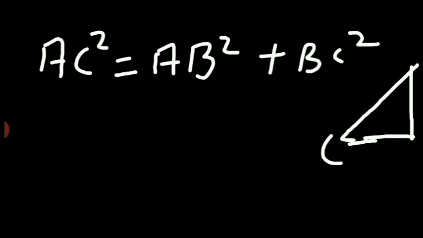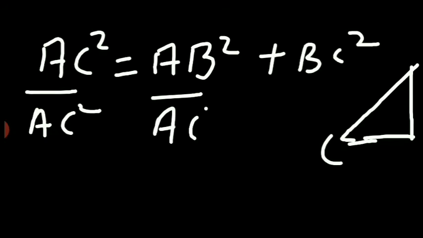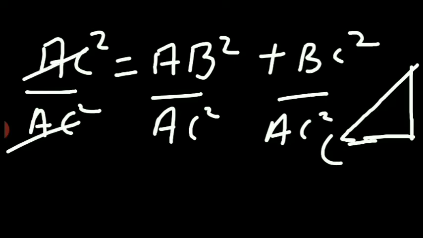Now divide both sides by AC square. Dividing both sides by AC square, there will be no effect. AC square upon AC square cancels, so it is 1.